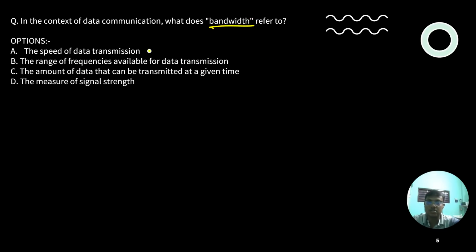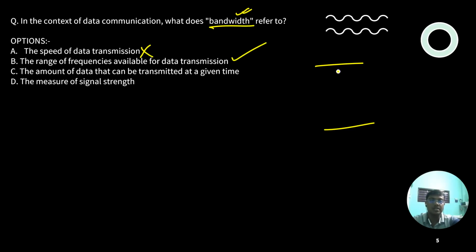So what is bandwidth? The options: the speed of data transmission. No, this is not the correct answer. The range of frequencies available for data transmission. Yes. So bandwidth, you can take it as an analogy: if you have a pipe of 1 inch diameter and a pipe of 5 inch diameter, then through the 5 inch diameter pipe, the amount of water moving would be high, and the amount of water moving through the 1 inch pipe would be lower, and that is what a bandwidth does.